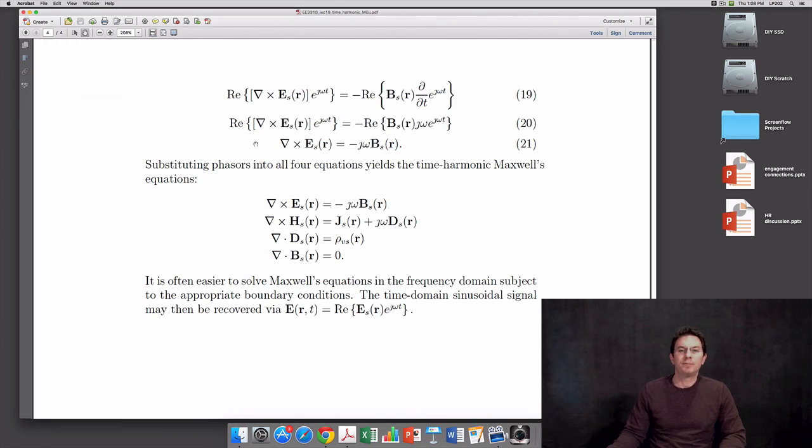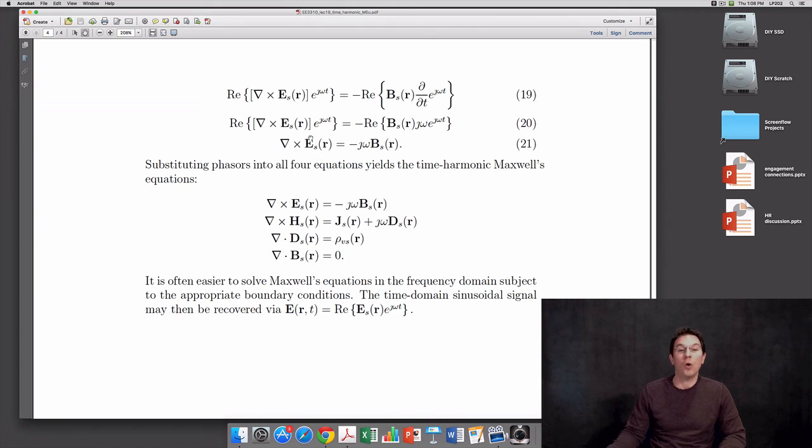Now the time derivative of e to the j omega t is simply j omega times e to the j omega t. This should look familiar again from AC circuits. And we can equate both the real and imaginary sides and therefore drop the restriction to just taking the real part.